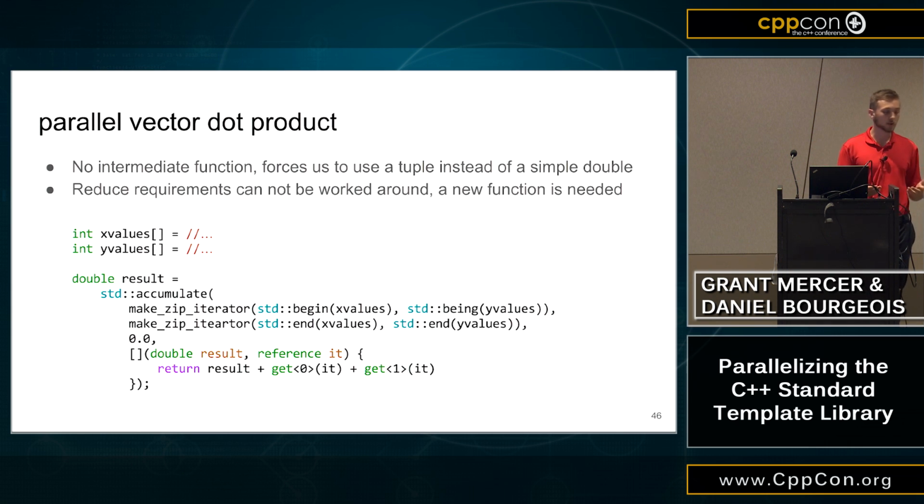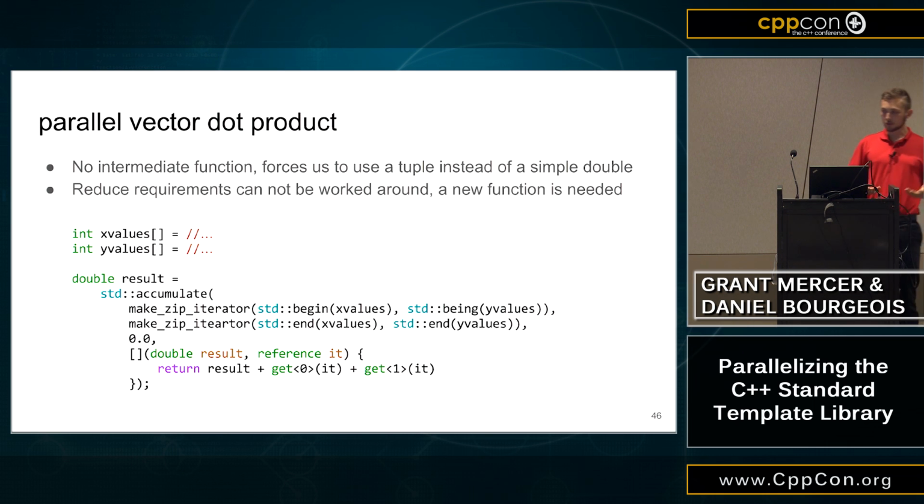You could zip those two arrays together. You could set the initial value of the accumulation to a 0, and then inside each, you could loop through it, find the dot product. Oh, that should actually be a multiply on the right-hand side inside that lambda function.